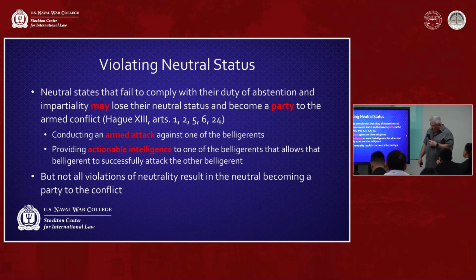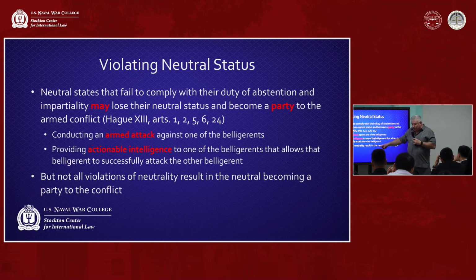Again, if a neutral state violates its duty to be impartial or to abstain in providing war supplies to the other belligerent, that doesn't necessarily mean they become a party to the conflict. Just because you have violated your neutrality by providing weapons and things of that nature, you are in breach of your obligations as a neutral state, but that doesn't necessarily make you a party to the conflict.